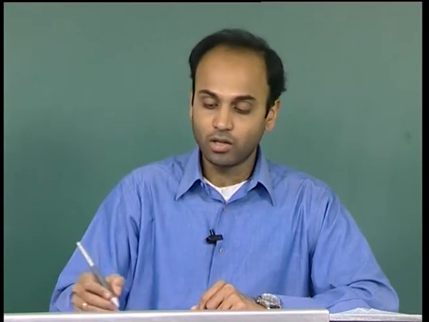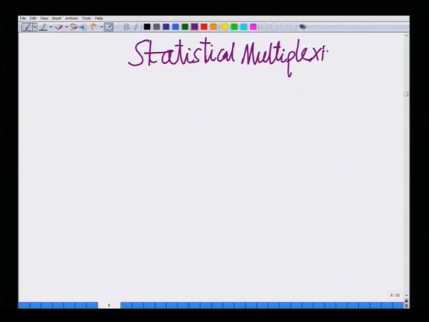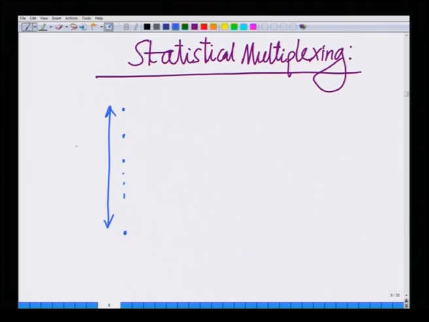If you were to ask the question what is statistical multiplexing, let us start defining it. Let us say I have the same 100 users now in my system. I would like to have only a few channels now to multiplex all these users.